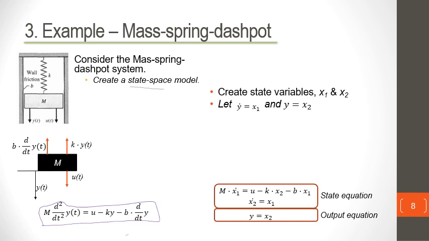In order to create a state variable model, we have to choose our states arbitrarily. We can pick x1 and x2 as our states, and we let the velocity become state number 1 and the displacement become state number 2.